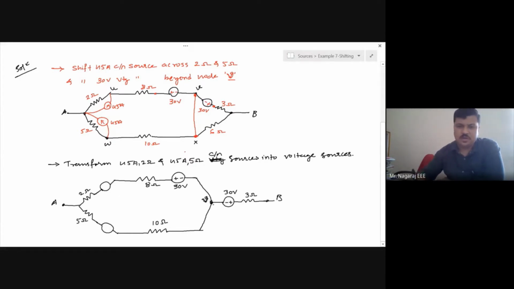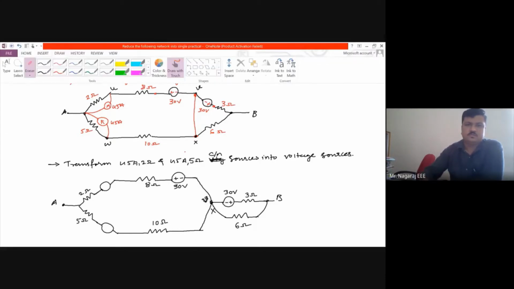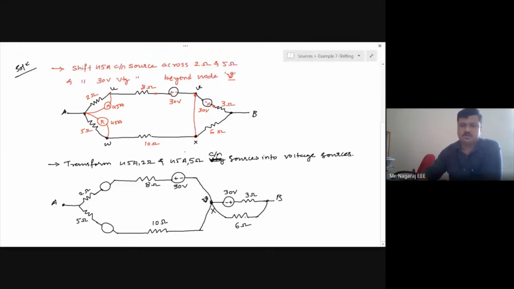This is terminal B, and from this point X, now X is not a node, this V and X have merged here, there is a resistance of 6 ohm.